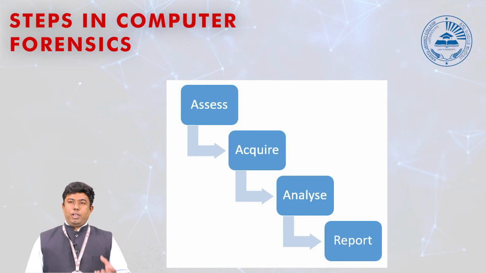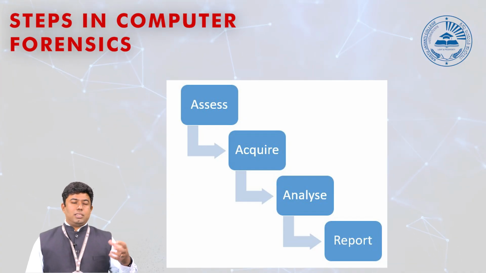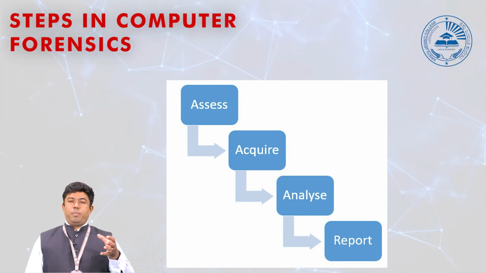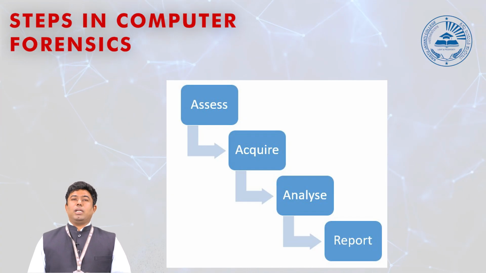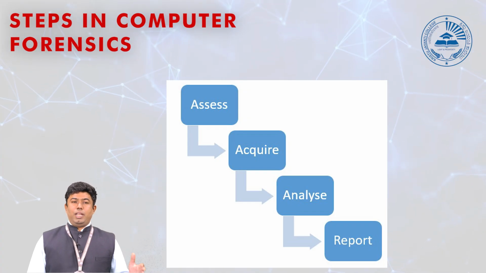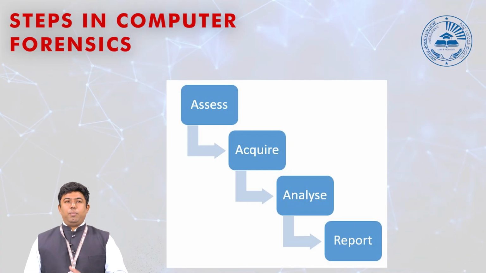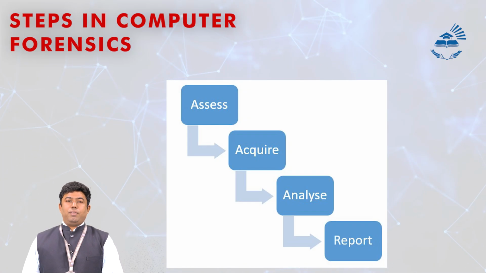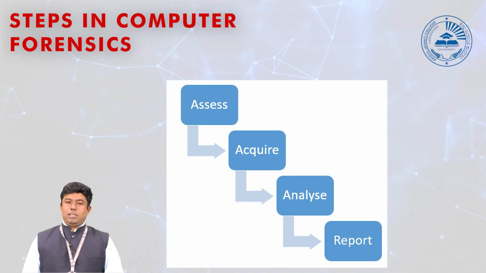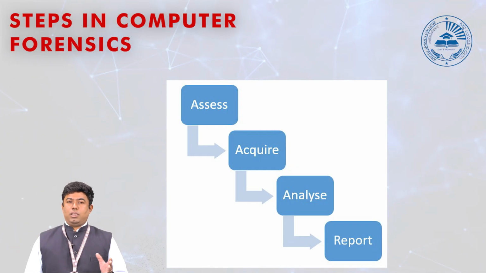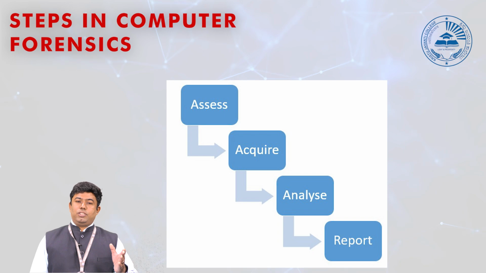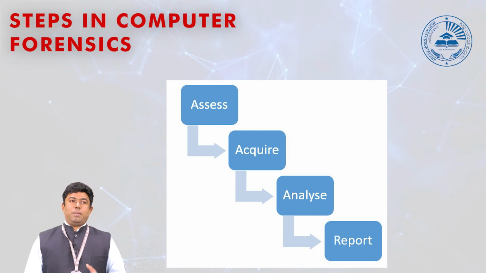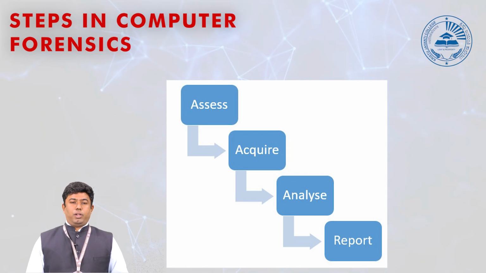After getting all of your data, analyzing the disk, analyzing the storages, we are going to prepare a report. And this report should consist of every step that you have taken from the crime scene till the time you have finished analyzing the evidence, and whatever your analysis is. Now, in the whole process of computer forensics, we have gone through these four steps, but each of these steps in detail is very, very important.